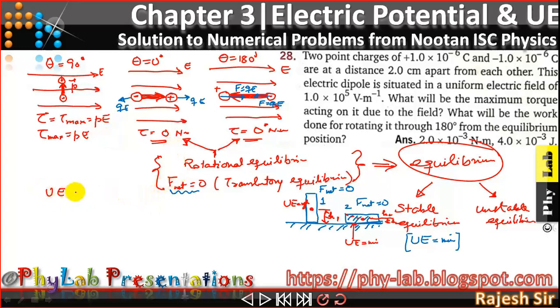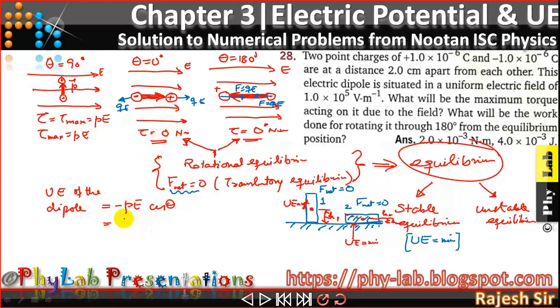So potential energy of the dipole happens to be minus pE cos theta. If you haven't studied this particular expression and you don't know from where I am deriving it, please click on the top right hand corner I button, you will get the explanation over there. So potential energy of the dipole happens to be minus pE cos theta.